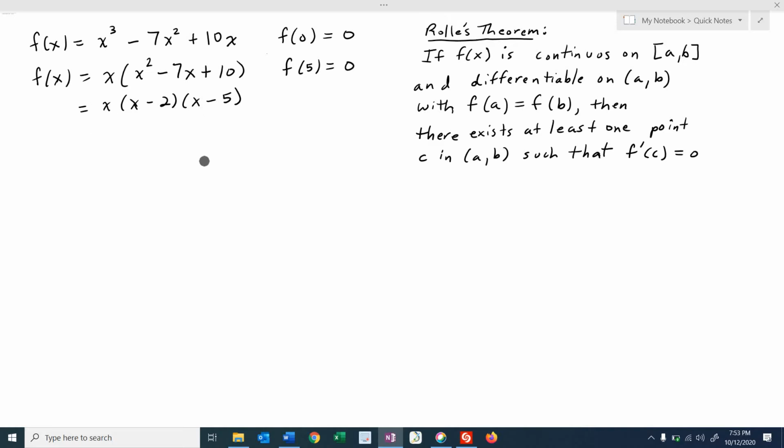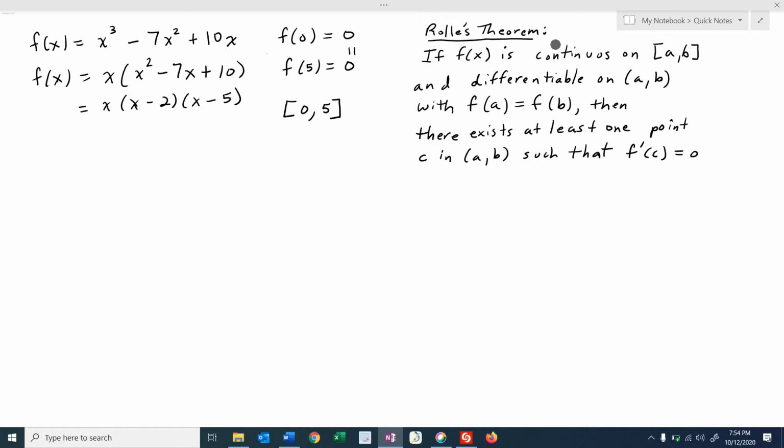So if we use the closed interval from 0 to 5, then f of 0, f of the left endpoint, and f of 5, f of the right endpoint, are both equal to 0. So this means f of a is equal to f of b. So this would be a good interval to use because we at least have f of a equal to f of b at the endpoints here. Okay, so let's use this interval.